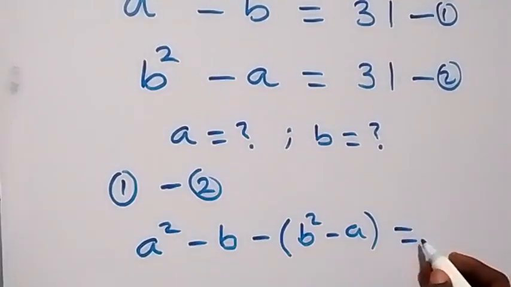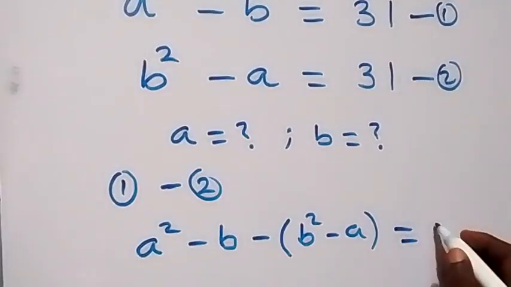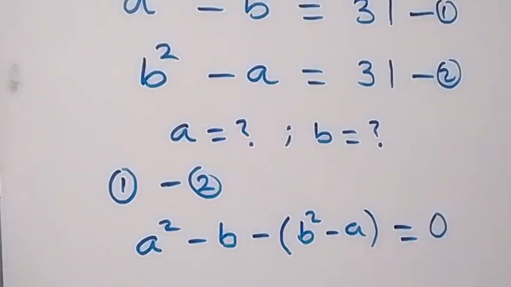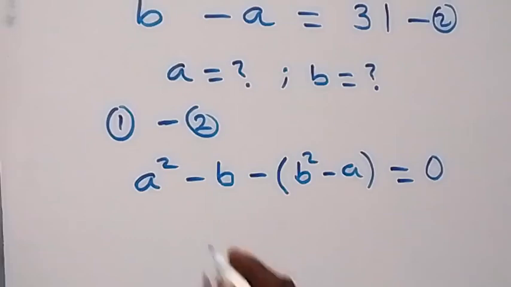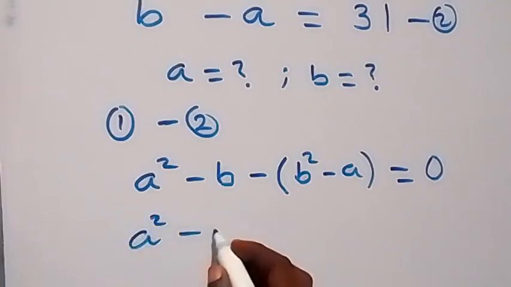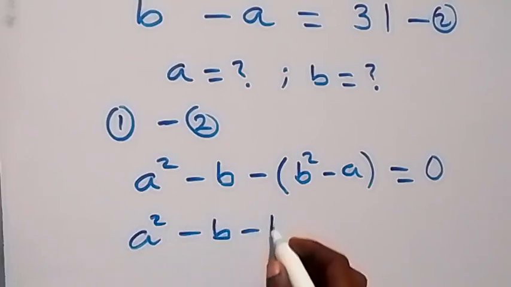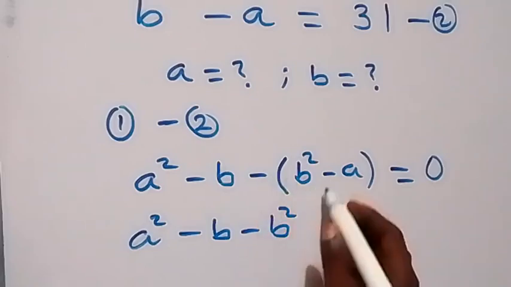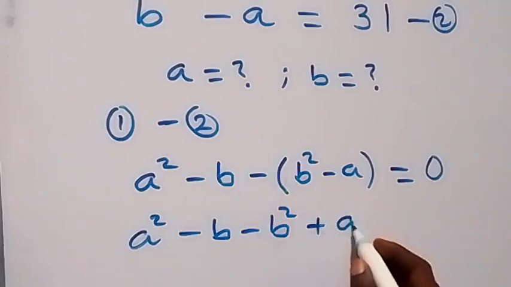Then on the right hand side, 31 minus 31 becomes 0. Then from here, this becomes A squared minus B, then minus B squared, minus times minus here plus A, now equals 0.